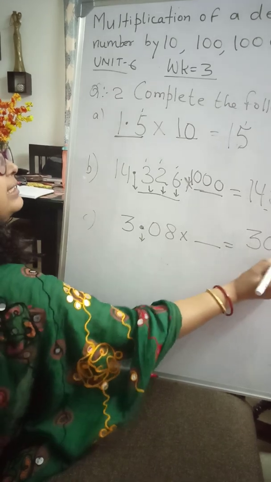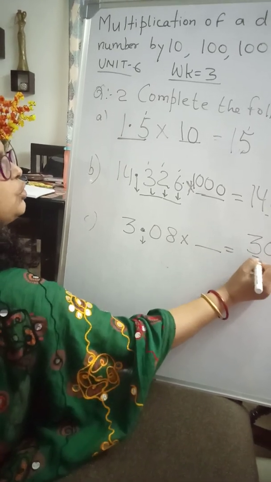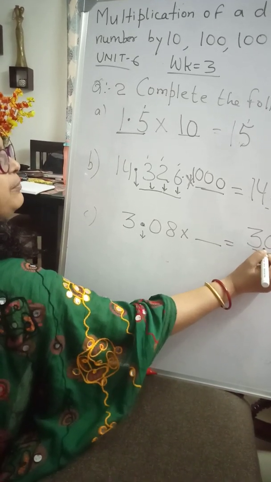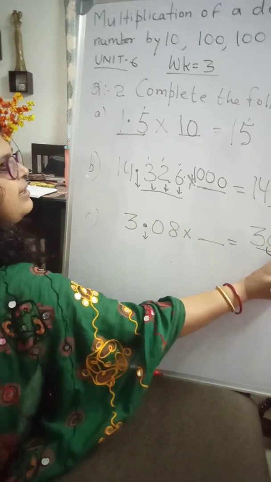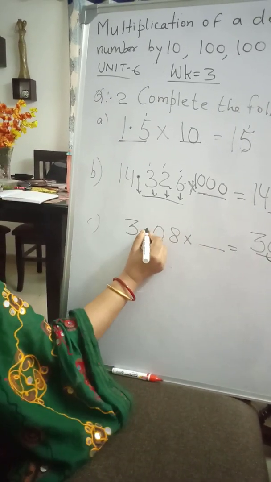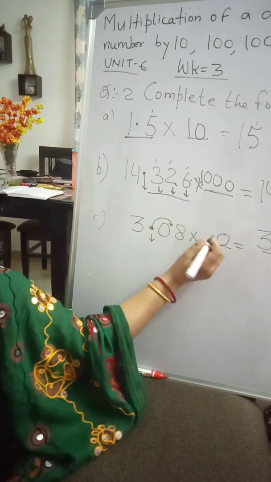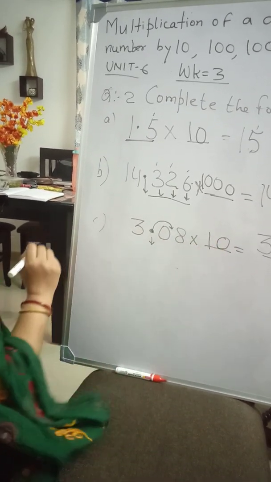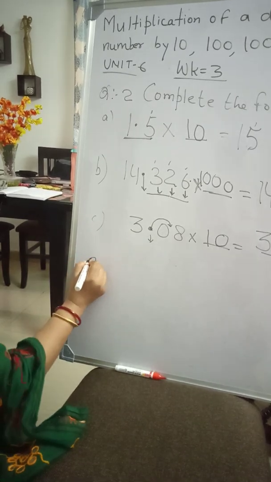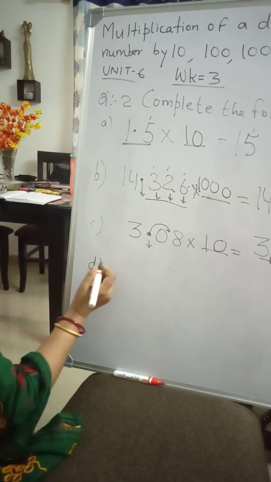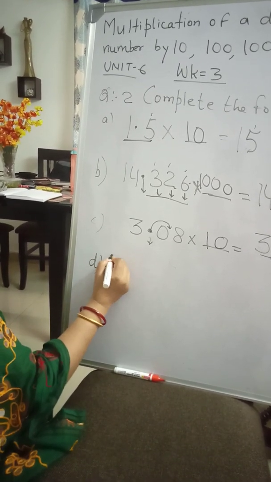And in the product the decimal point is after 2 digits. It means decimal point has shifted only 1 decimal place, right? So it means the multiplier is having 1 zero, that is 10. Correct? Now let us take another example.